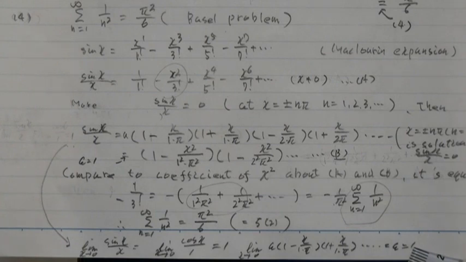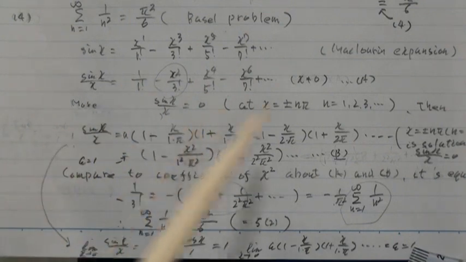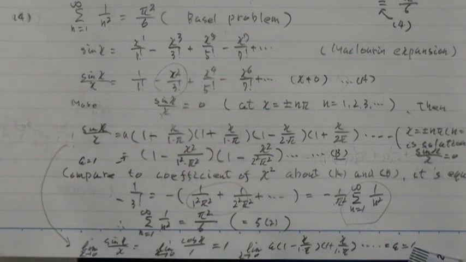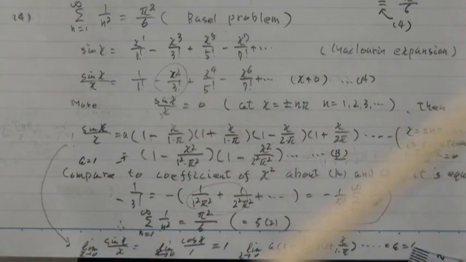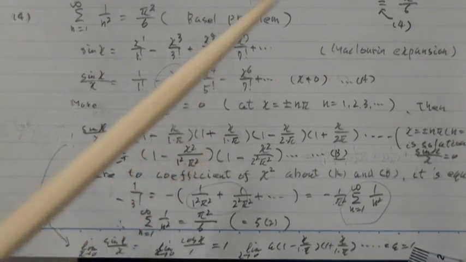Then sine x equals A times (1 minus x over 1 pi) times (1 plus x over 1 pi) times (1 minus x over 2 pi) times (1 plus x over 2 pi) times and so on.